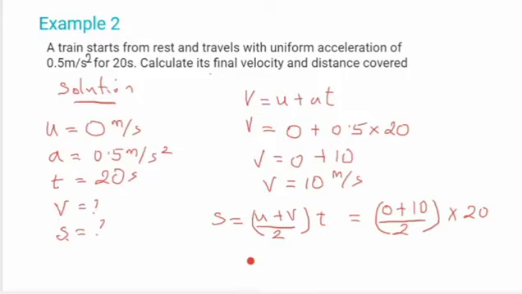So 0 plus 10 is 10. 10 divided by 2 is 5, times 20. So we have 100 meters. That's our answer. Any of the equations you use that have distance, you'll get the same answer.